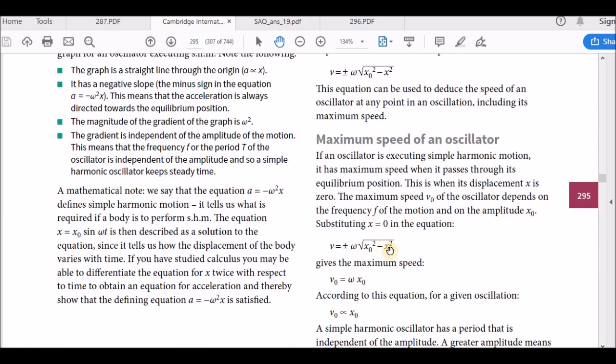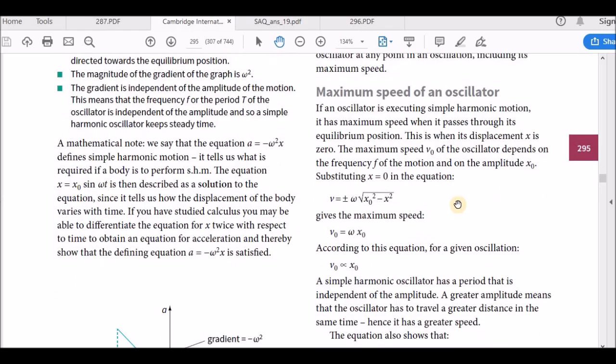Okay, then we have this. Now when the speed is maximum, you will get this one. Okay, how we get this is: maximum speed of an oscillator.